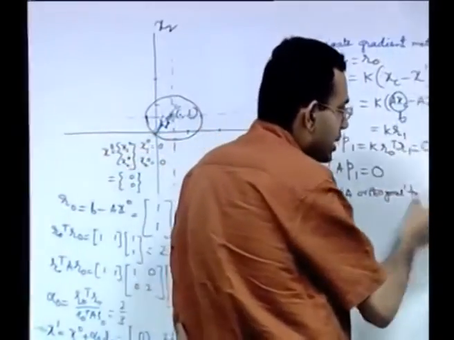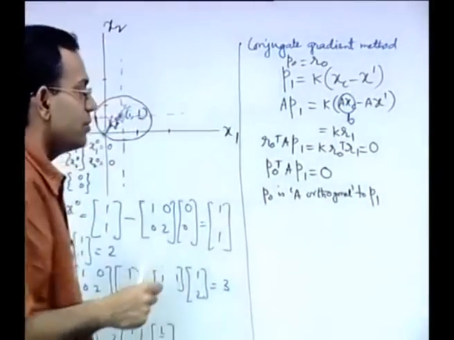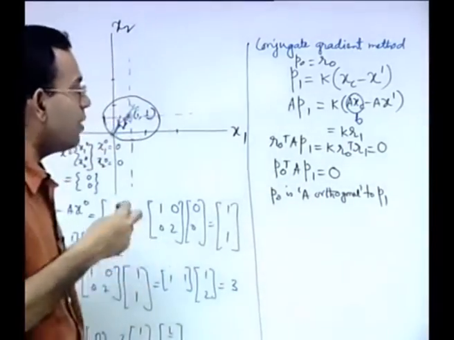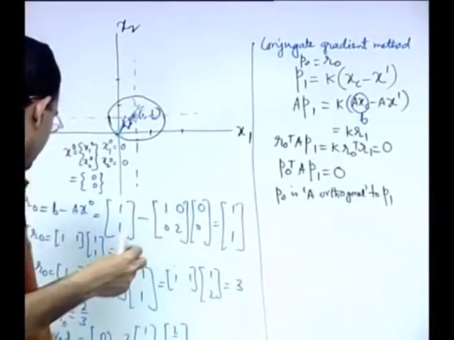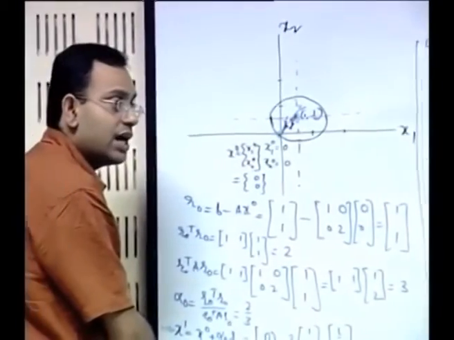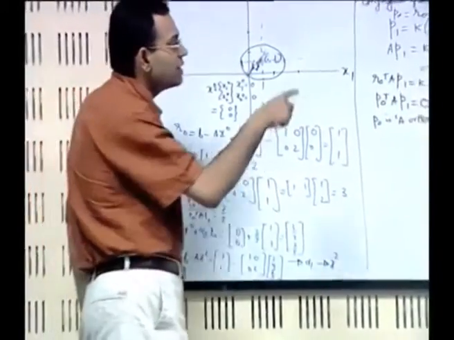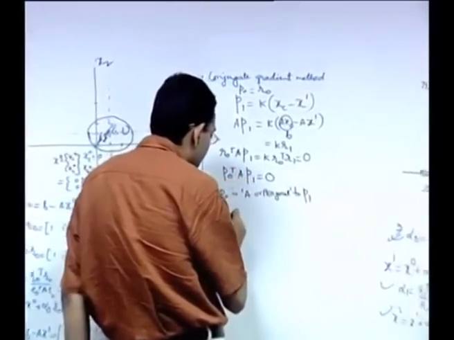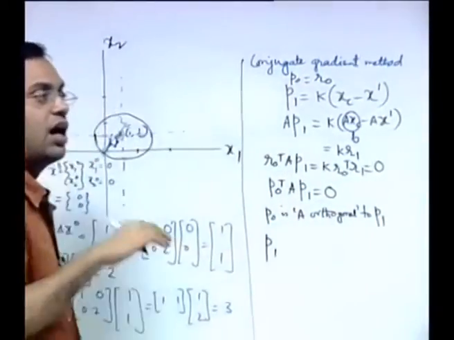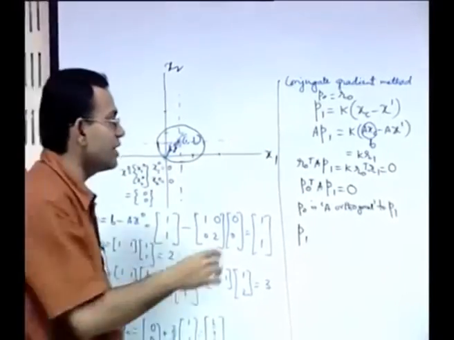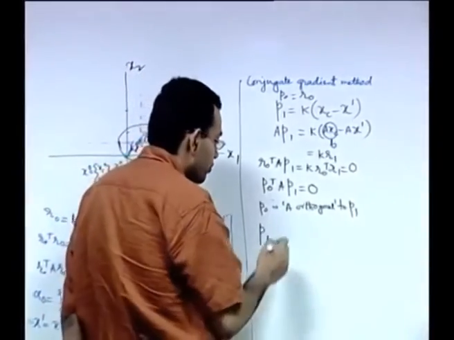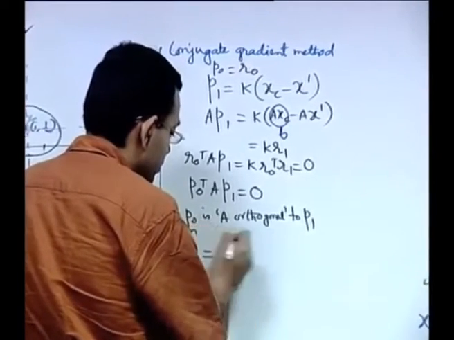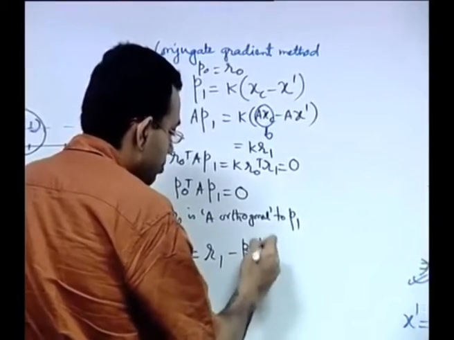So you have to know what p1 is, and at the most what you have in your hand, you have r1 as one direction and p0 as another direction, which is the same as r0. So you form p1 as a linear combination of r0 and r1 and try to satisfy this relationship. So you form p1 as r1 minus beta 1 p0.